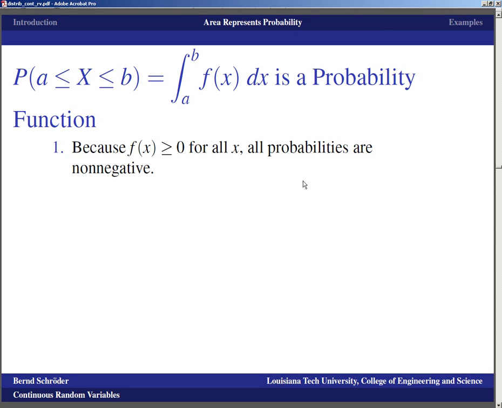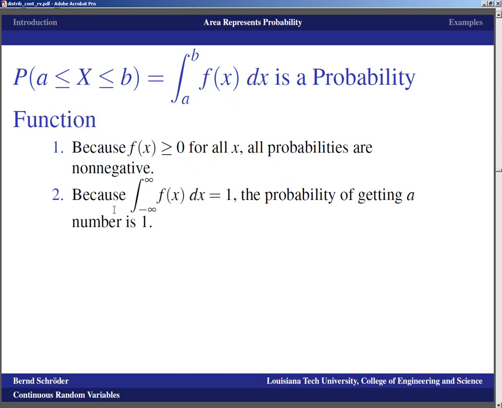And that's fairly easy to prove, basically because the function is greater or equal than 0 for all x. All the probabilities are non-negative because the integrals are always over non-negative functions. Because the total integral is 1, the probability of getting a number, to get any number, is 1, and that was always the law that says the probability of the whole sample space, which is that we get a measurement, or the probability of negative infinity to infinity as an interval, which could be a stand-in for the sample space, has to be equal to 1.